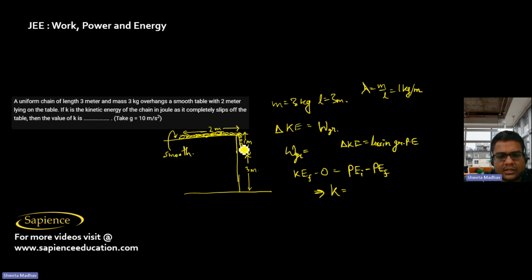So initially this mass is 1 kg, it was here. So the height of the center of mass was at 3 plus half, that is 3.5 meters, and the center of mass of this was initially here at a height of 4 meters.